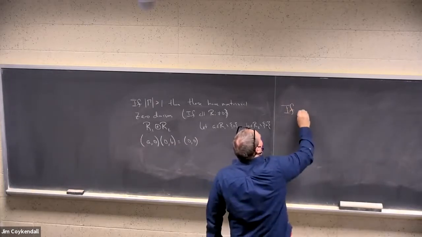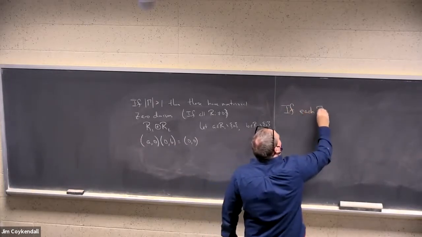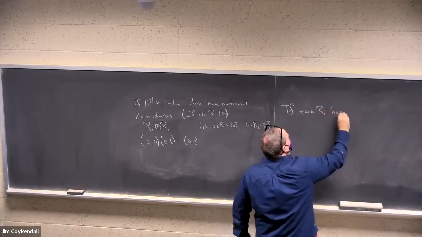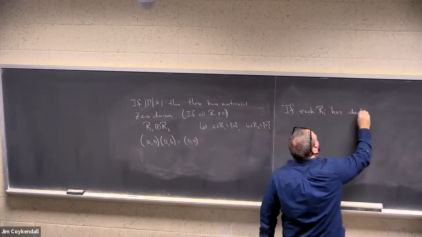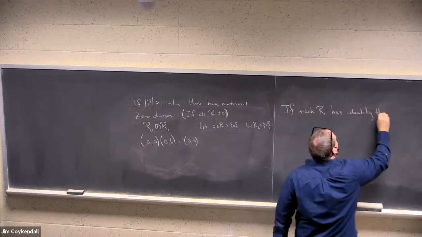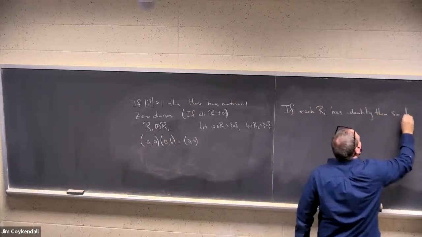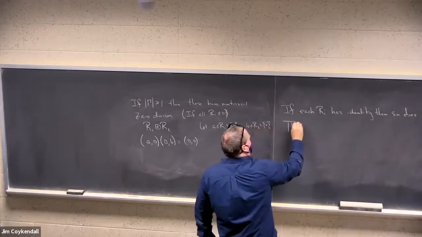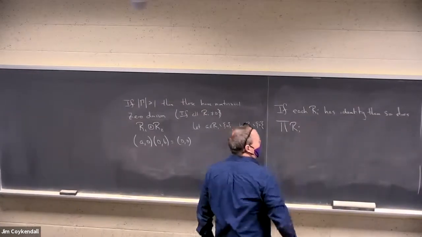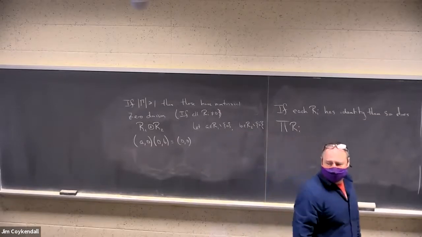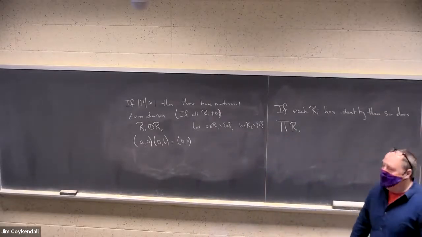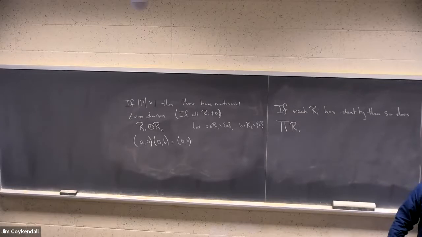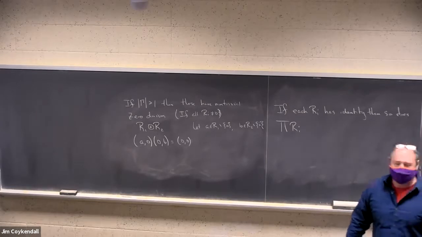If each Ri has identity, then the direct product of the Ri has identity, because the identity there is just taking the 1 in every coordinate, right?